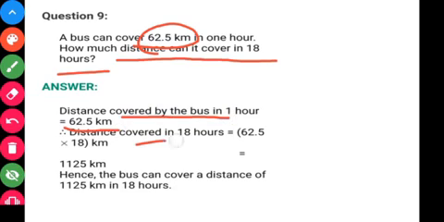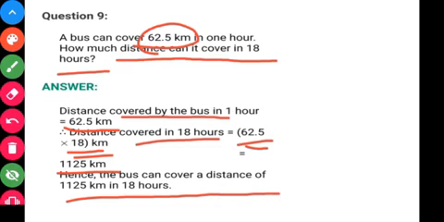Therefore, distance covered in 18 hours is equal to 62.5 into 18. Okay, so 62.5 into 18 will be equal to 1125 km. Hence, the bus can cover a distance of 1125 km in 18 hours.